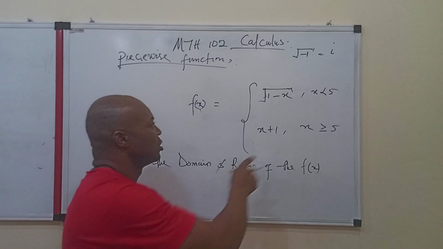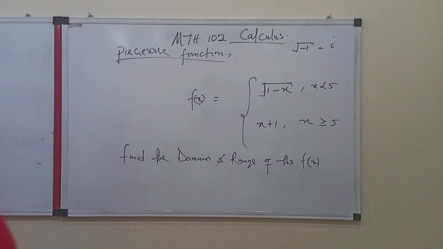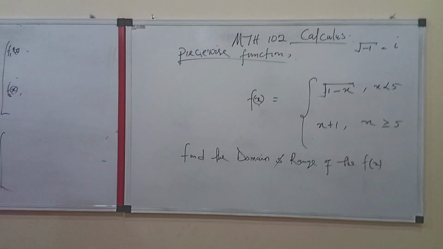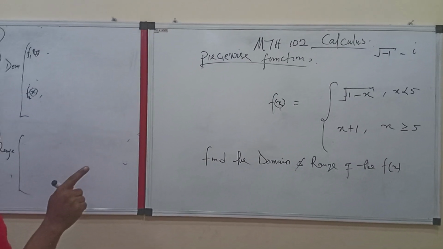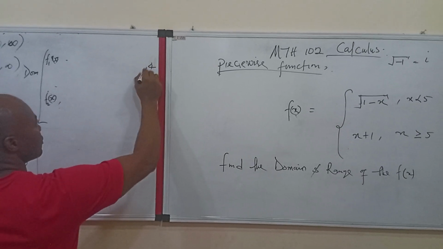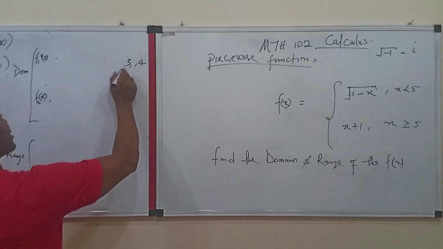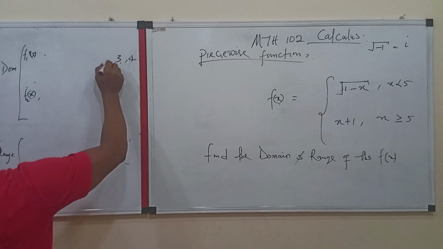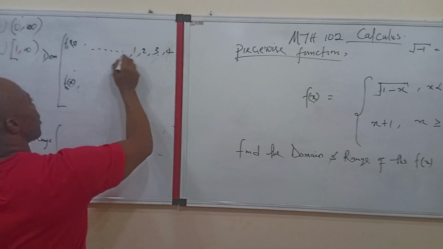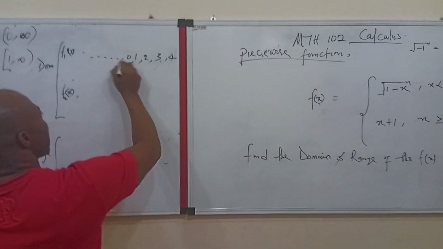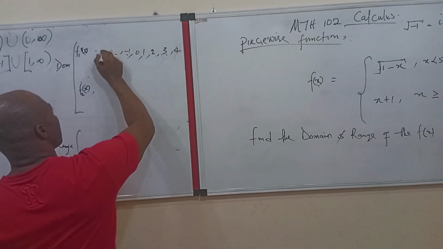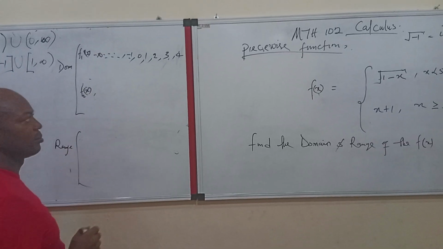Now let us write out the domain for the first one. For the first one, they say x is strictly less than 5. Strictly less than 5 means x can take 4, 3, 2, 1, 0, -1, on to negative infinity.